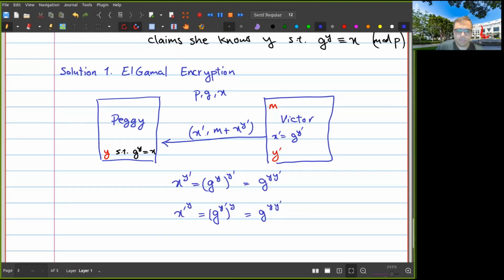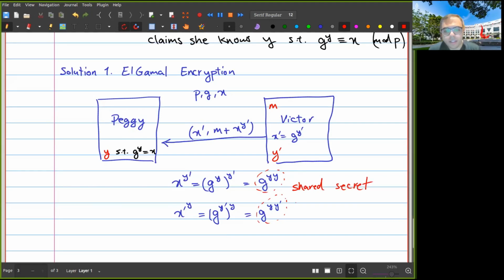So if Victor sends X prime to Peggy, then Peggy can raise this X prime to the power of Y, assuming that Peggy knows Y, and she can find G to the power of Y Y prime. And this was the shared secret between Peggy and Victor.